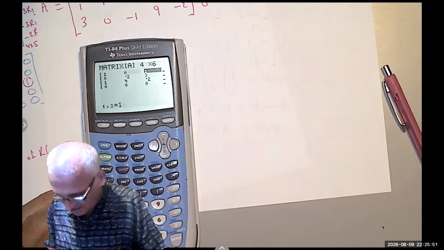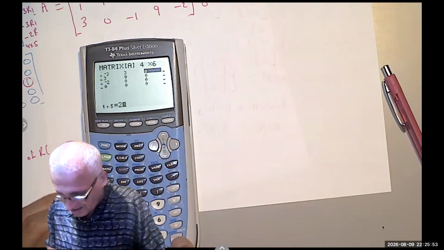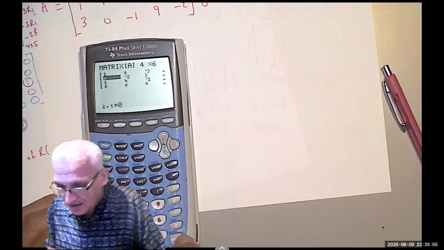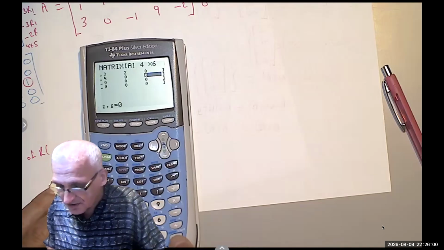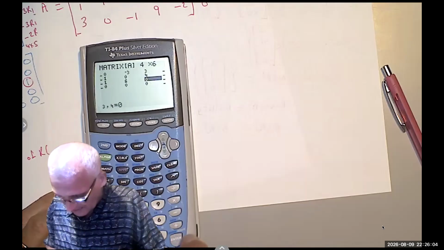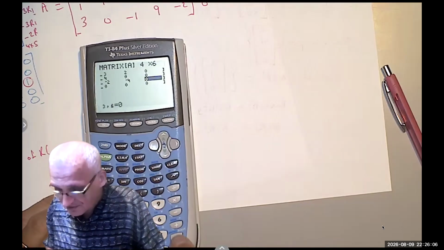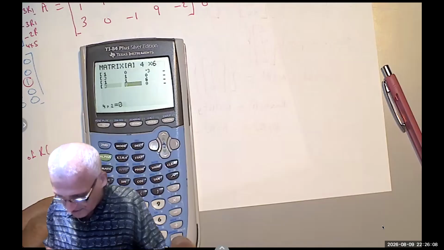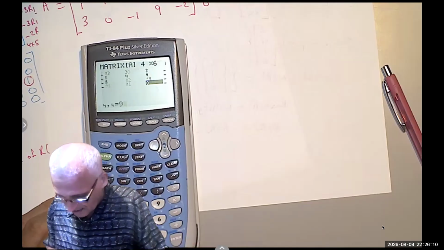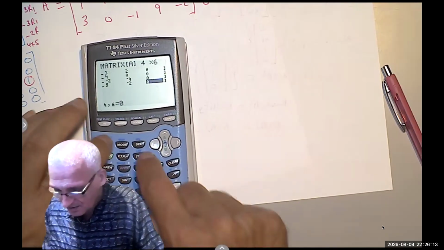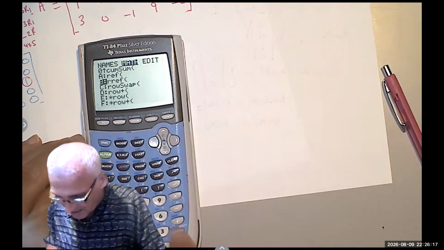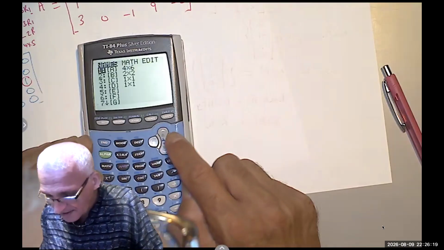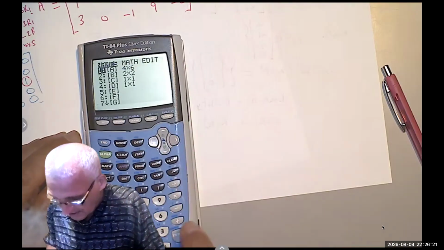Let's see if we can do that quickly. 0, and then 3, 1, 0, 4, 0, 0, and then 1, 1, 6, negative 2, negative 4, 0, and 3, 0, negative 1, 9, negative 2, 0. And then I just don't want to waste your time. I'm going to go to matrix. Oops. A.